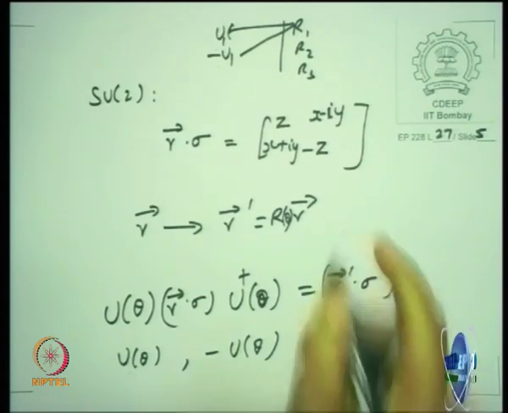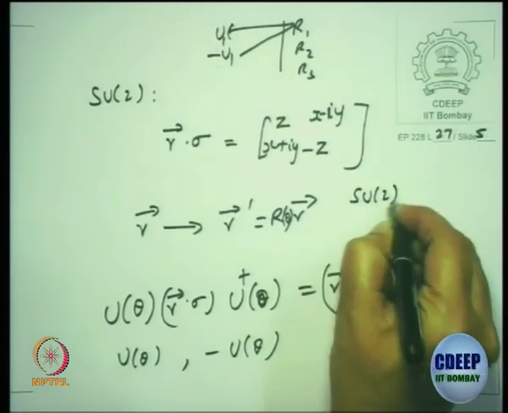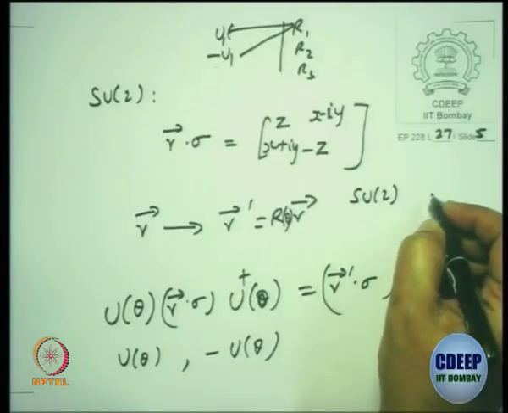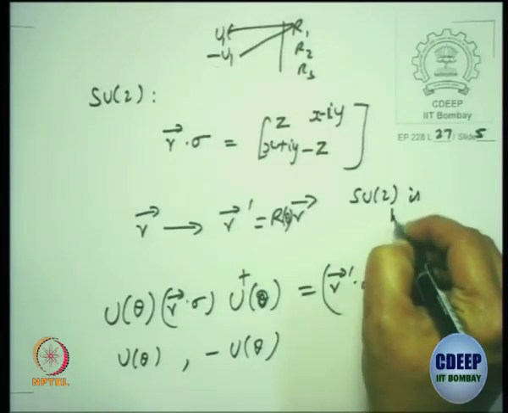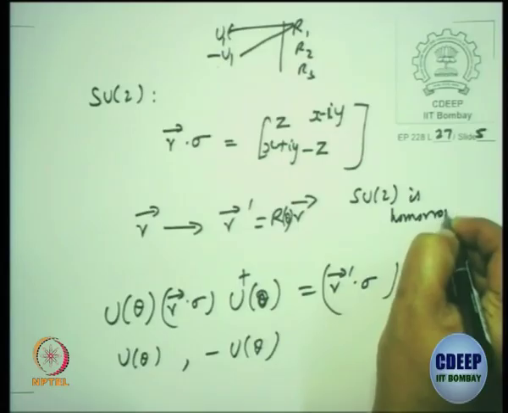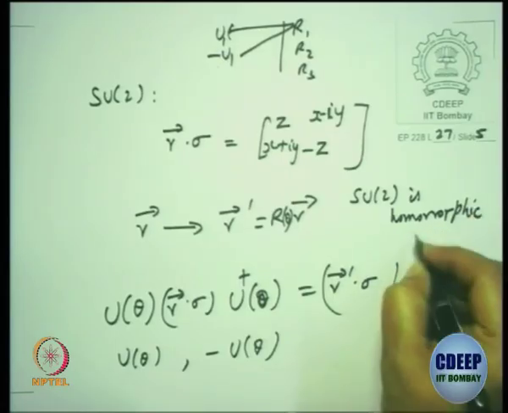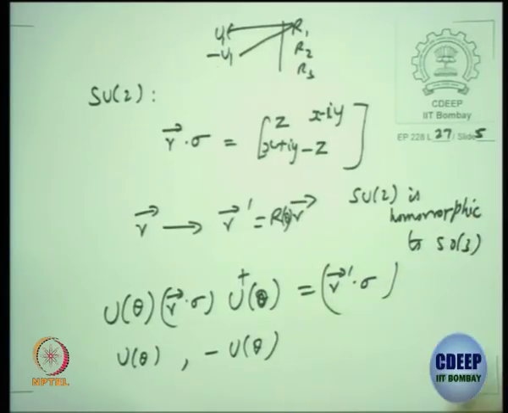So that's why we say that SU2 is homomorphic to SO3, even though the algebra is the same. There are still 3 parameters and 3 generators.